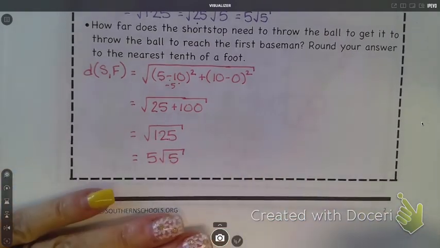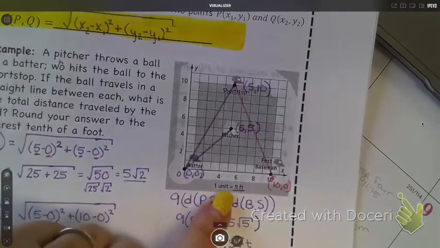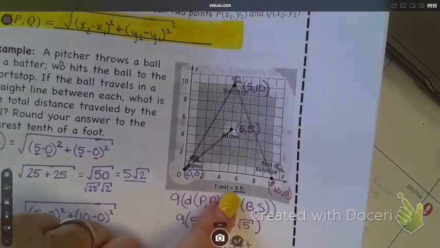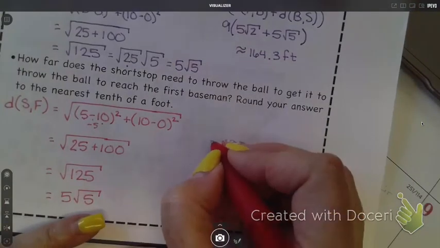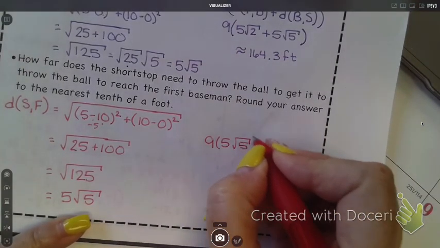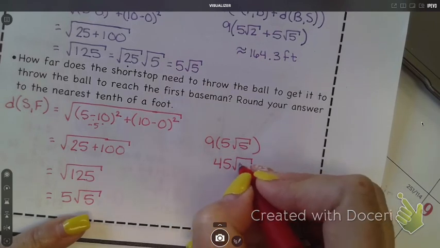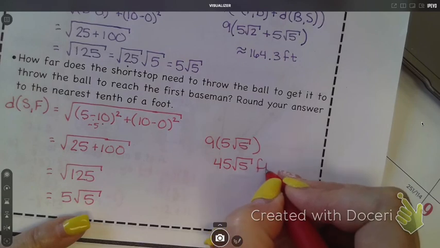But now we need to multiply it by what? 9, because that's my unit conversion, right? Yes. So if I do 9 times 5 square root of 5, that's just 45 square root of 5, isn't it? Feet. That would be an exact answer on a test.